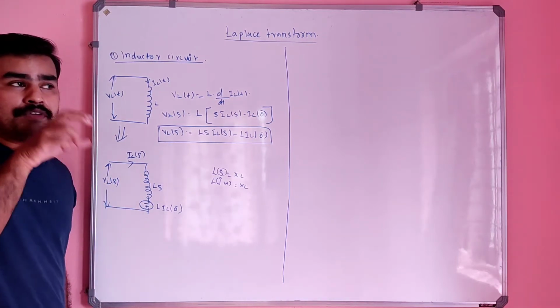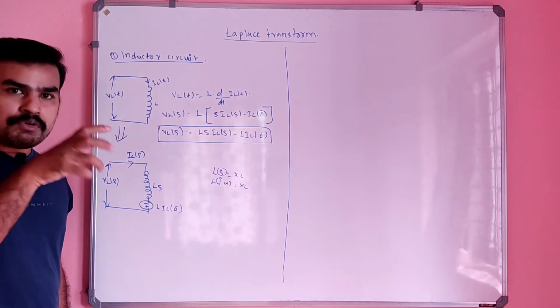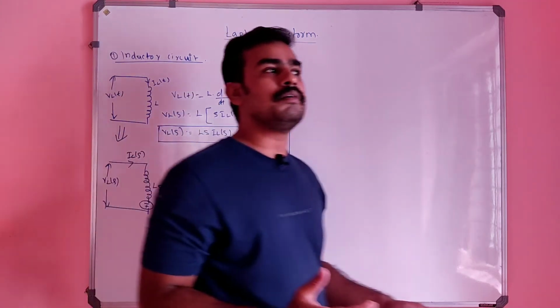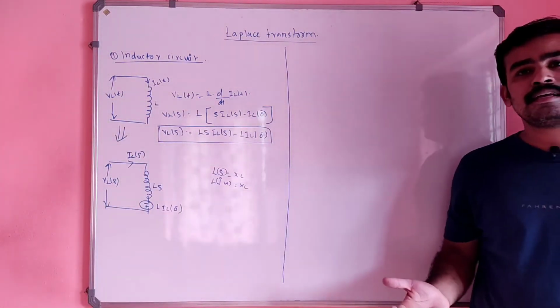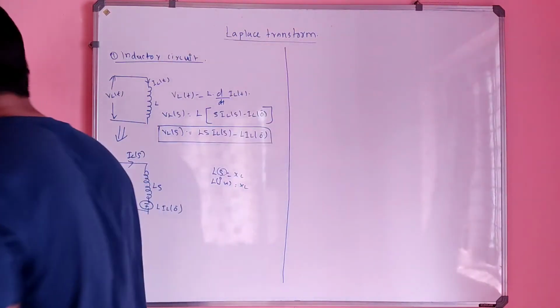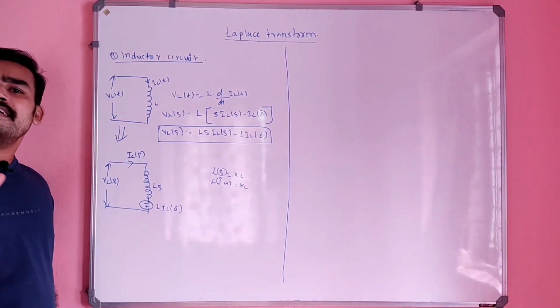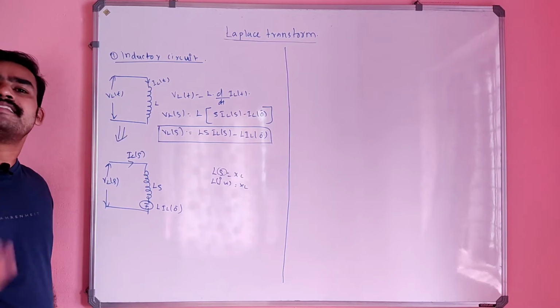So that means if you have to convert something into Laplace, it contains the term from 0 to infinity only. That is why I did Laplace for t greater than 0, not for t less than 0. I don't need to convert that into Laplace when t is less than 0.